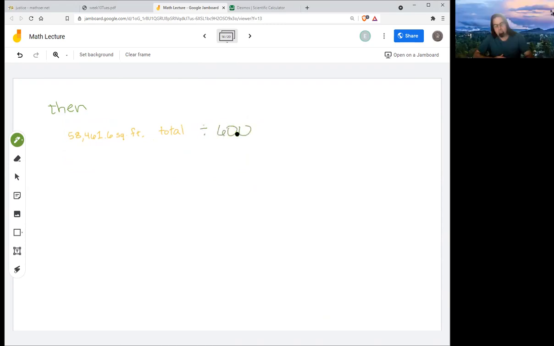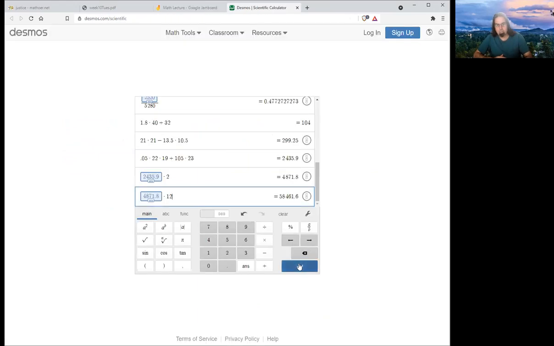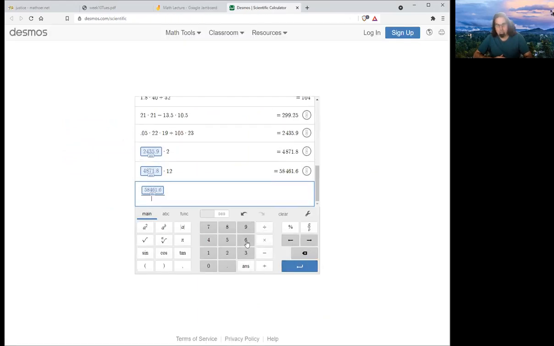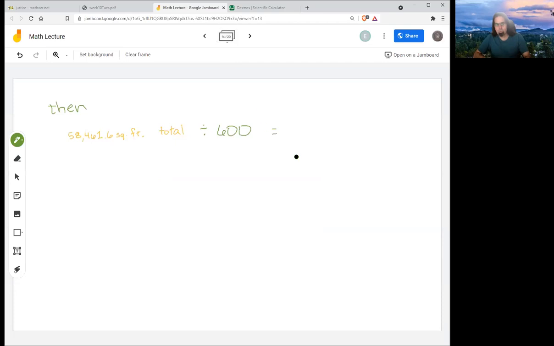So how many different containers do we need? So I'll take that divided by 600. We need 97, and it says to round up so we don't run out. So 98 containers. Everyone clear about why we're dividing?